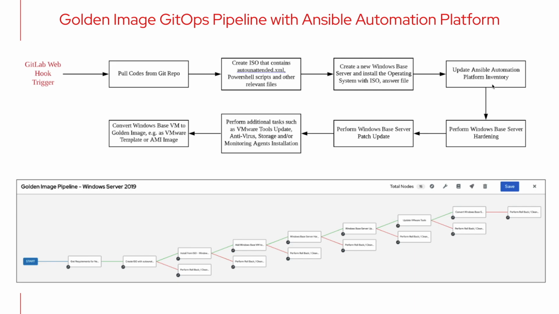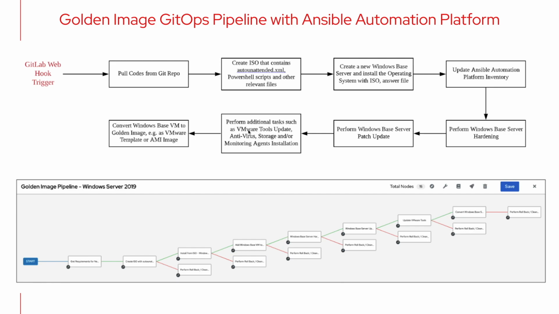Then we will go on to update the Ansible Automation Platform inventory, followed by the base image hardening, update on all the relevant patches, as well as to perform additional tasks such as antivirus, storage, or monitoring agents installation. In our case, because we are building on top of the VMware platform, we will also want to ensure that the VMware tools are properly updated, and hence this falls under the additional tasks that we have in this pipeline.